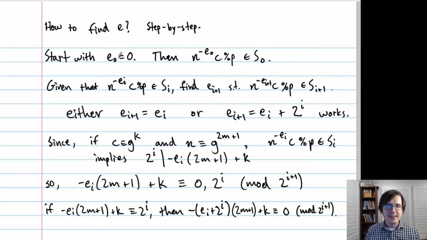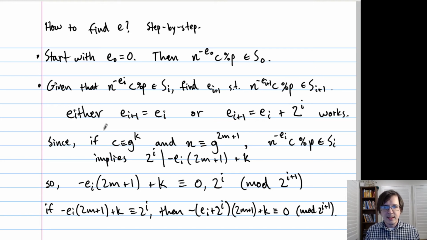And e_0 is even, which is important. Now, given that we've found an e_i where the condition is satisfied at the S_i level, we want to find the next e_(i+1) such that it satisfies the condition at the S_(i+1) level.